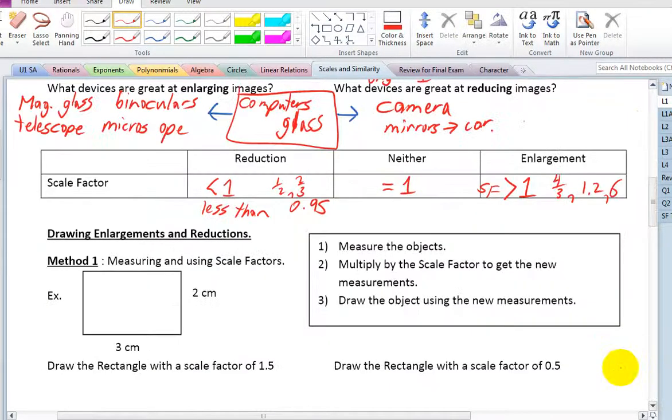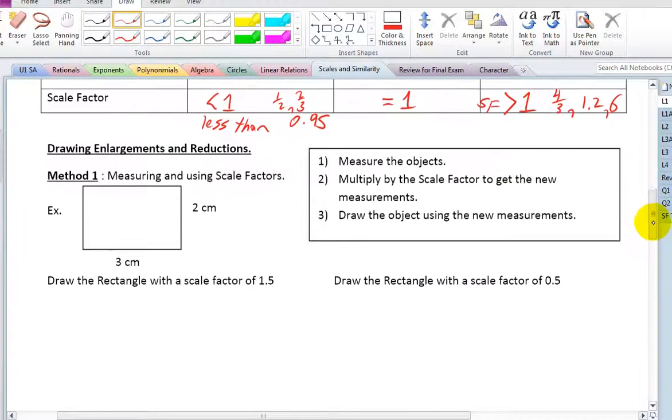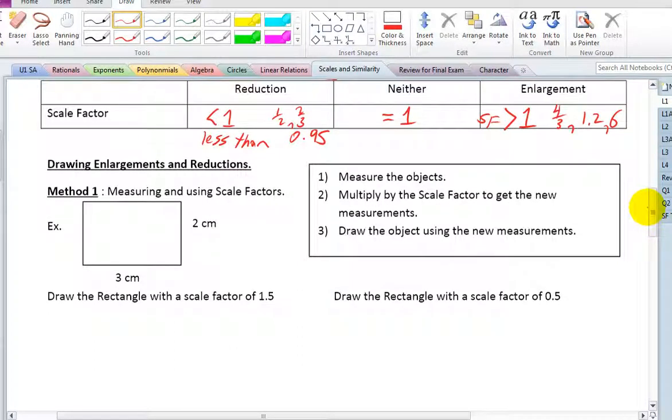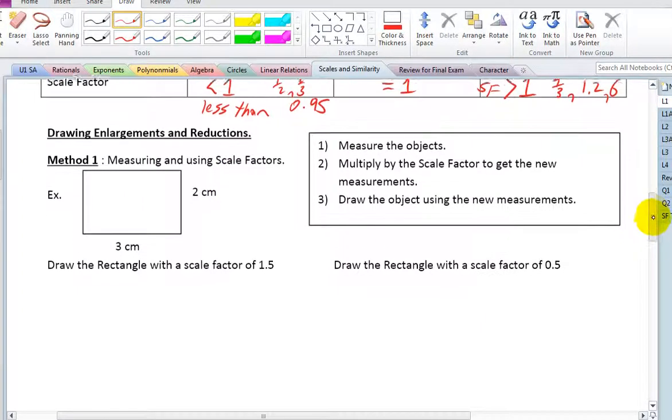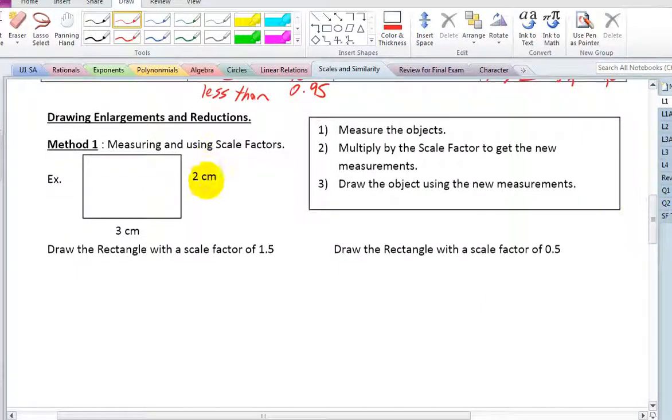Okay. Drawing enlargements and reductions. So, method 1, you measure, use the scale factors. So draw a rectangle that has a scale factor of 1.5. Multiply this by 1.5, what do you get? Multiply that by 1.5, what do you get?